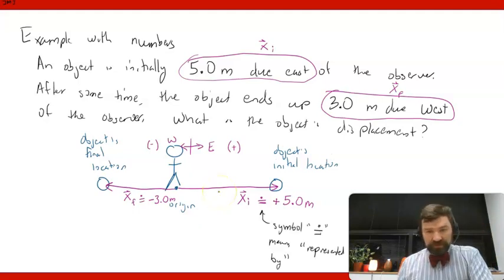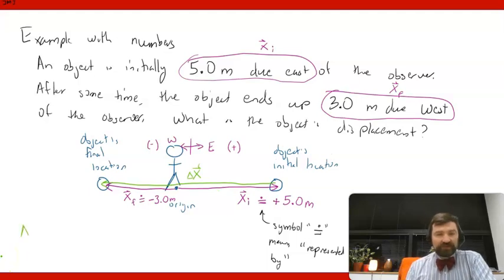We could also draw our displacement vector. Again, that has to start at the initial and end up at the final. So here's my displacement vector delta x. Now delta x, recall, is the final position minus the initial position.